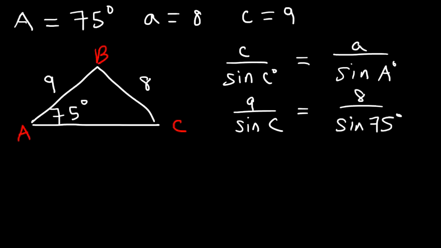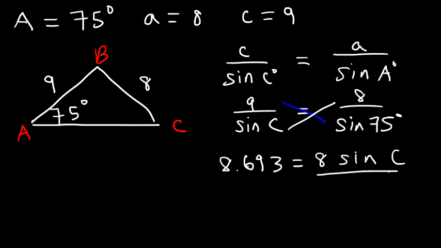So let's cross multiply as usual. 9 times sine of 75, that's 8.693. And that's equal to 8 times sine of angle C. Now let's divide both sides by 8. So 8.693 divided by 8 is about 1.089.